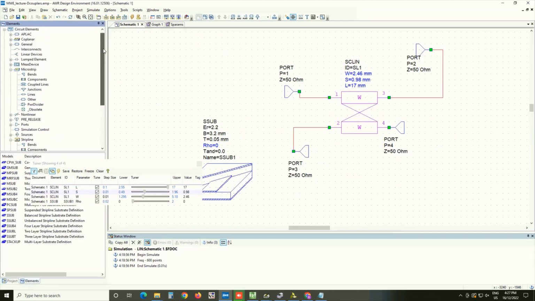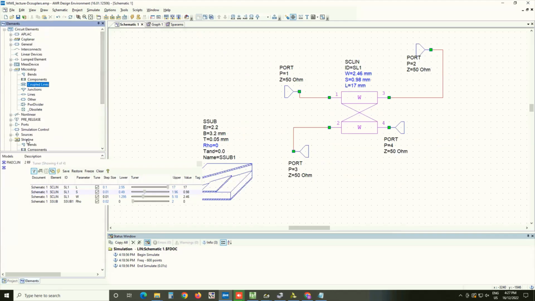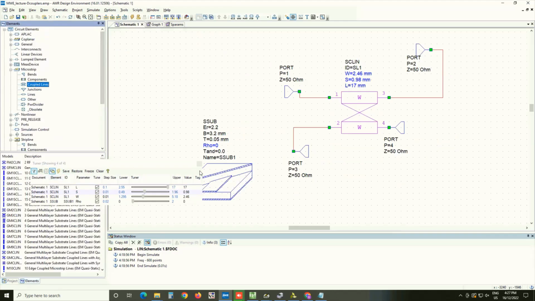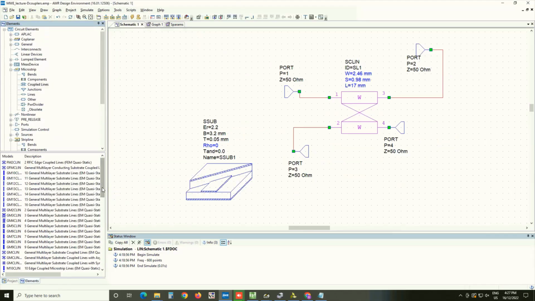I now go to microstrip coupled lines, and try to find the simple one that's here.